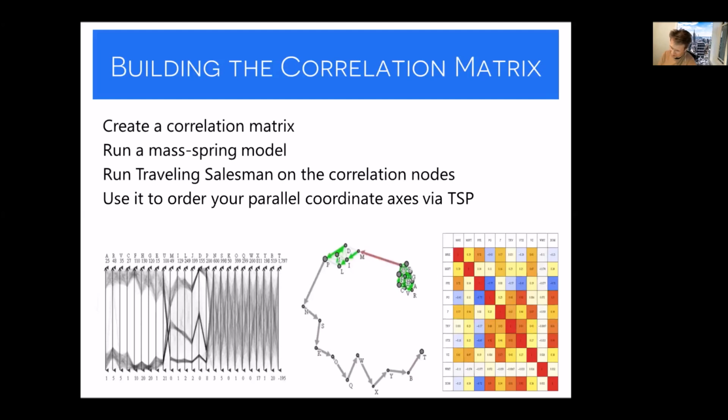Run this mass spring model on it, or this force-directed diagram, and it's basically nothing but an MDS display on the variables. Then just take these dimensions and order them, and all of a sudden you get a really nicely organized way to look at these variables, right?